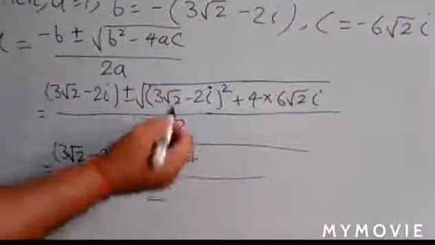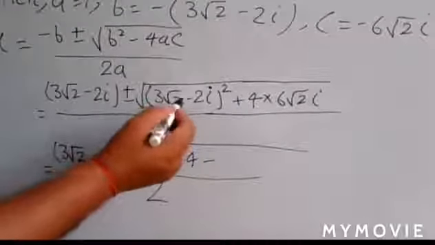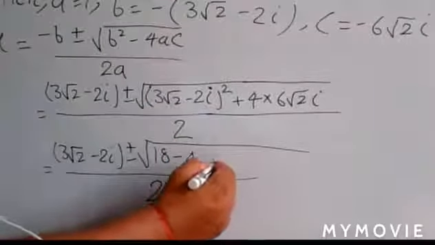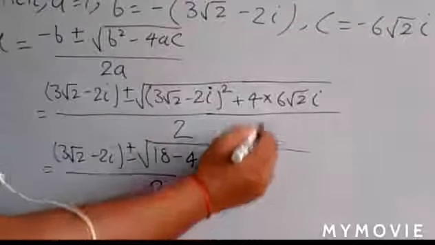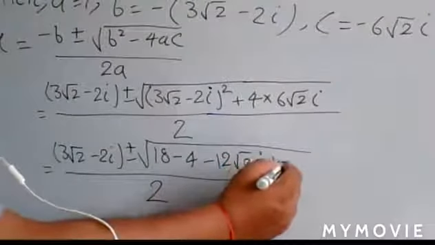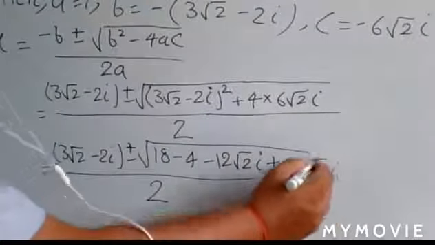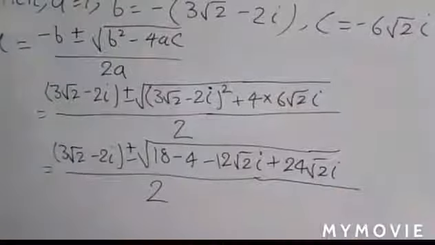And minus 2ab, so 2 times 3 times 2 is 12 root 2 i, and plus here you have 24 root 2 i.